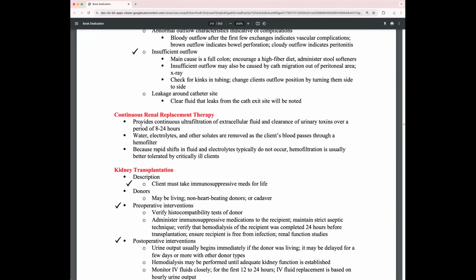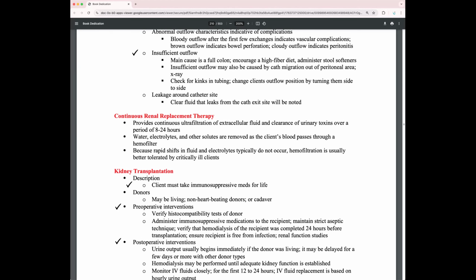This is something that would happen in the ICU, intensive care unit. This is a critically ill patient and they're getting dialysis like 24 hours around the clock. So this is a very ill patient and this is in the ICU. It's called continuous renal replacement therapy.